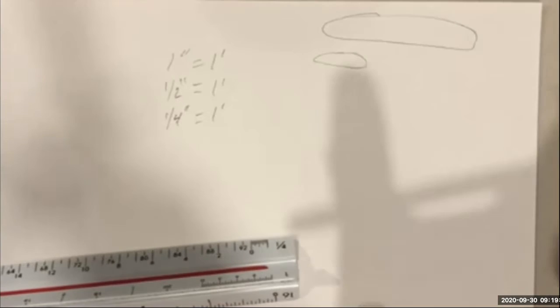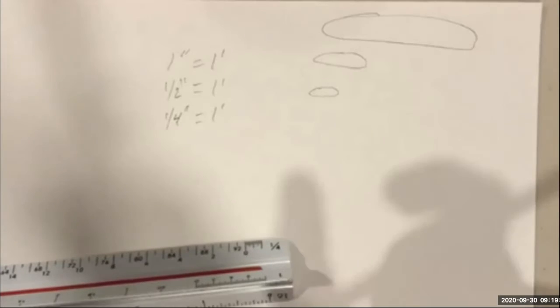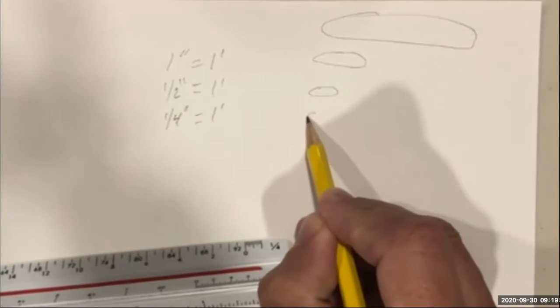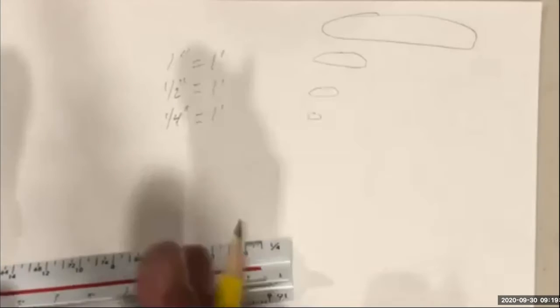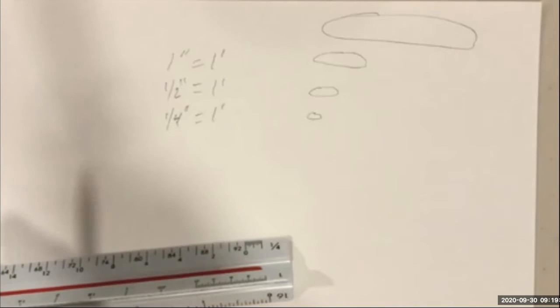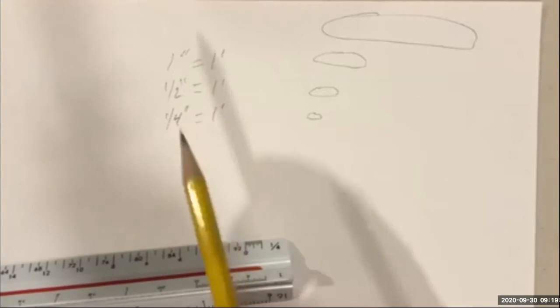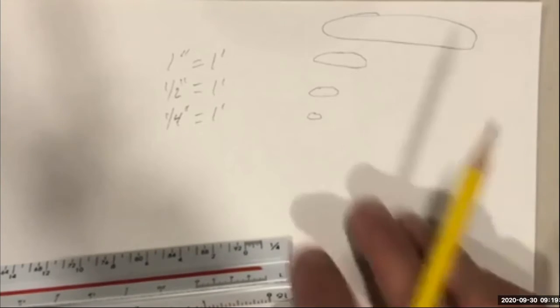And if I wanted that whole cucumber that was a foot long to show up in a 1/2 inch scale, now 1/2 an inch will represent that 1 foot cucumber. And if it's a 1/4 inch scale, it's just a much tinier cucumber. So everything's just scaled down. You can very quickly realize that the larger the scale, the more detail we'll have, because it's a much larger thing that we're drawing.